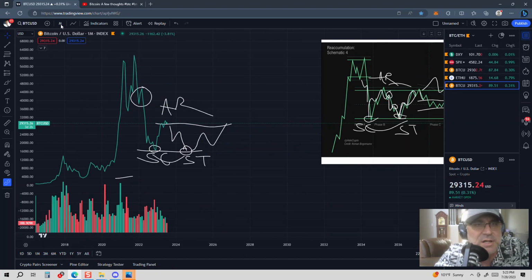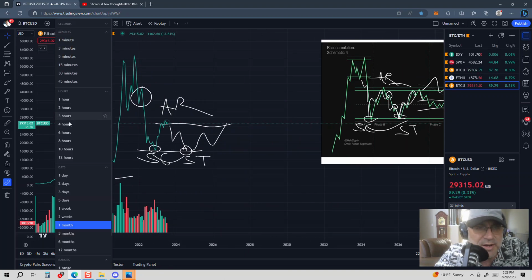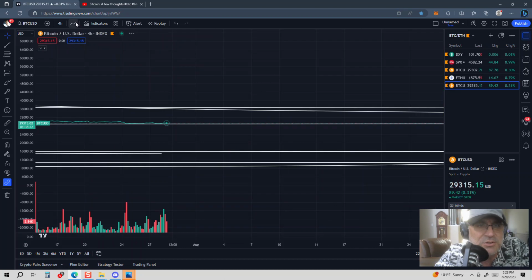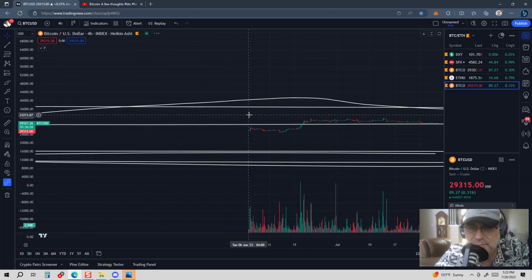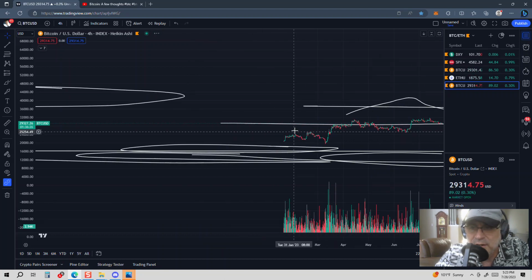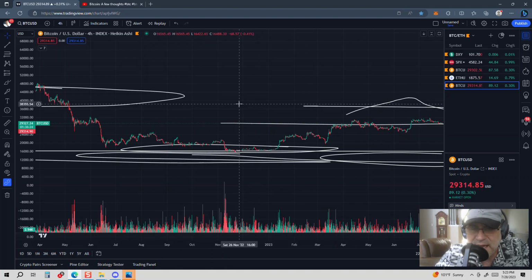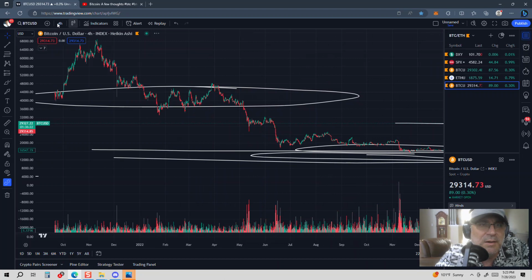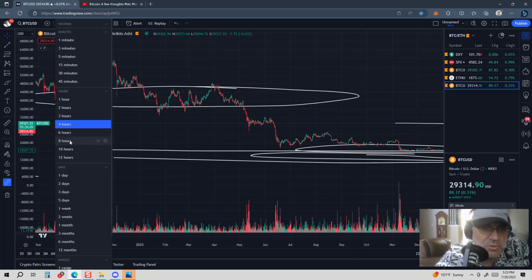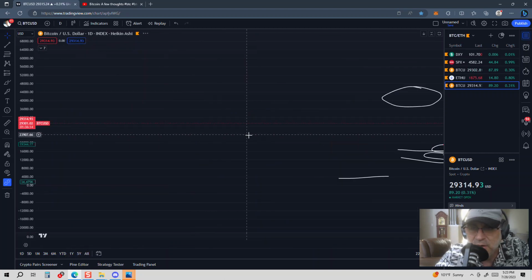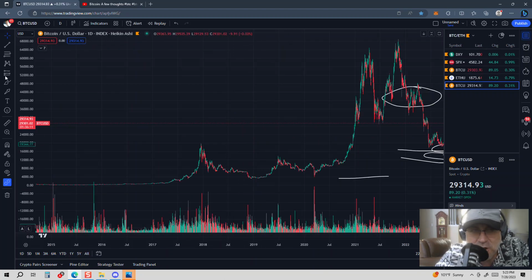If I could blow these up, or rather shrink these back down and use, say, Heikin-Ashi candles. Let's see if I can go back to the old. Yeah, we were on 1 month, so let's go back and we could do a daily on here, and you could see the long drawn out periods of the bear cycle.